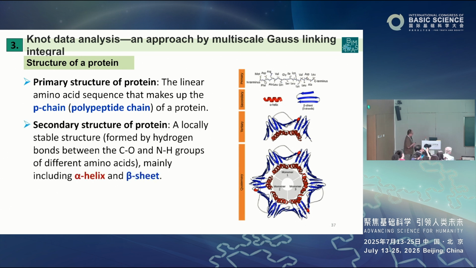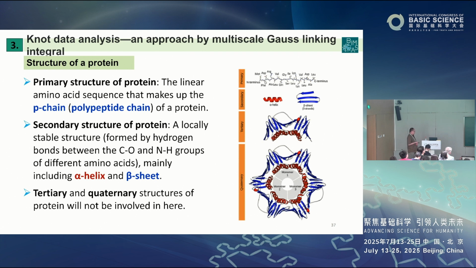The secondary structure is a locally stable structure, mainly including the alpha helix, like this, and the beta sheet, like this. The other two structures will not be involved here, so we omit explaining them.